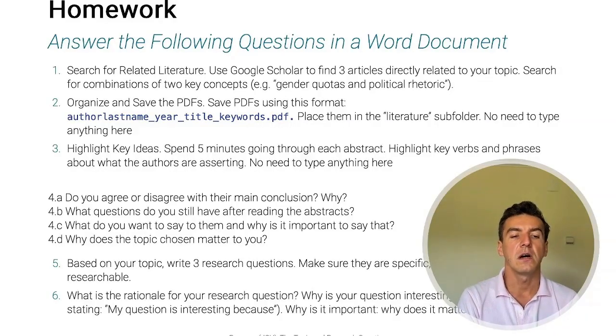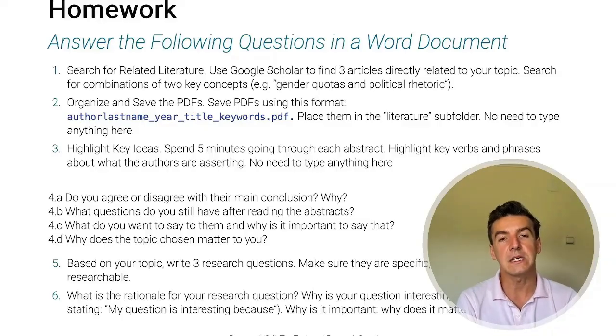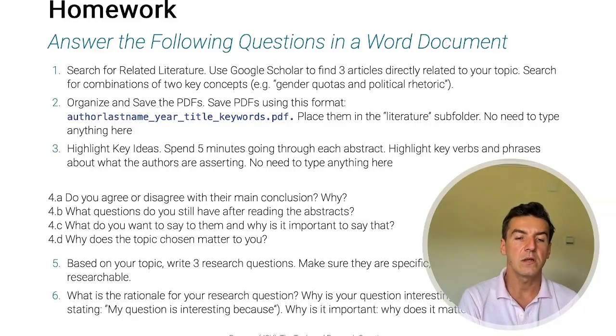I asked you to highlight some key ideas based on the abstracts, and then to say whether you agree or disagree with the main conclusion of the article. What questions do you still have? What do you want to say to the authors of the article? And why does the topic chosen matter to you?